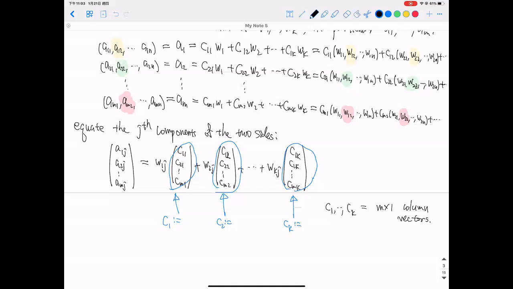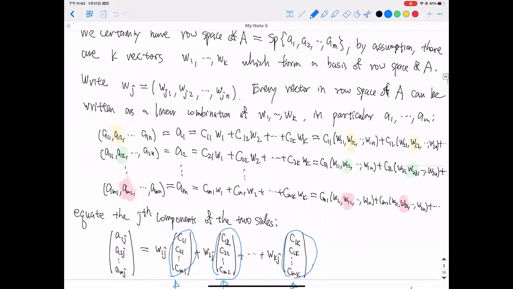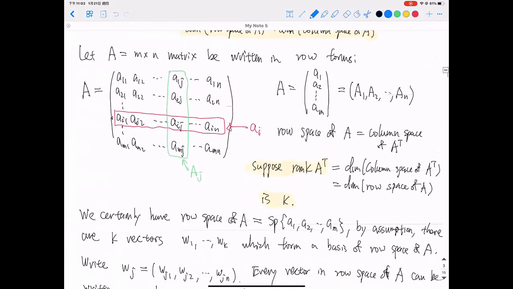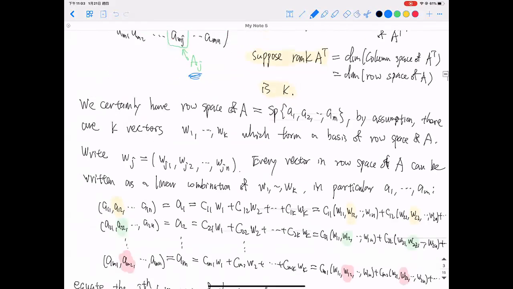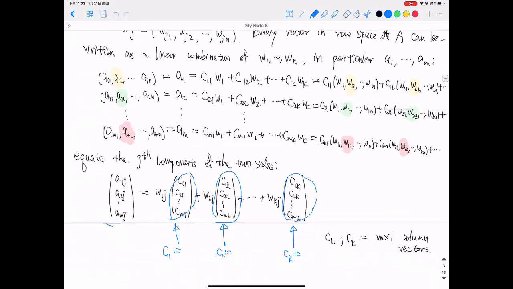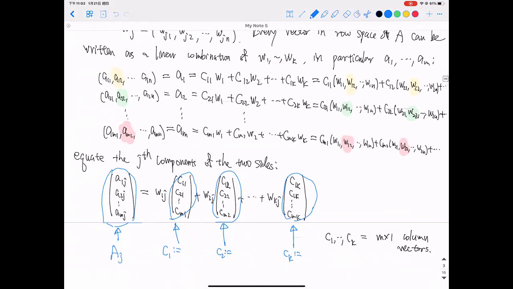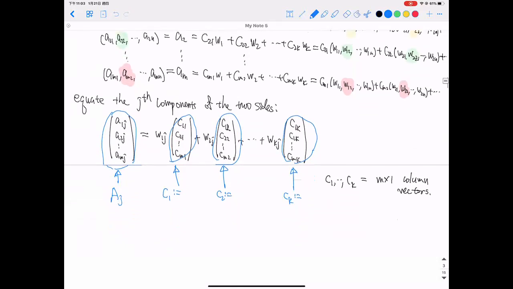Now, over here on the left-hand side, you just have the J's column. As we've seen already, this is just AJ. So what did we do?